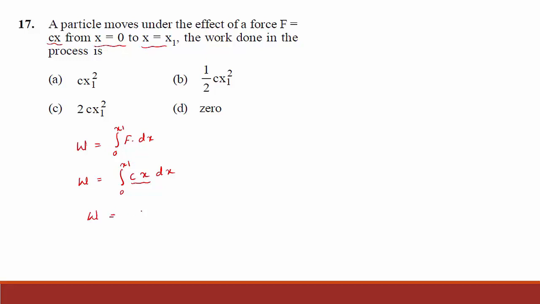W equal to, here C is a constant, take it outside, integration of x dx from the limit 0 to x1. Integration of x will be x square divided by 2 from the limit 0 to x1. So we will get W equal to 1 by 2 C, remaining is x square from the limit 0 to x1.